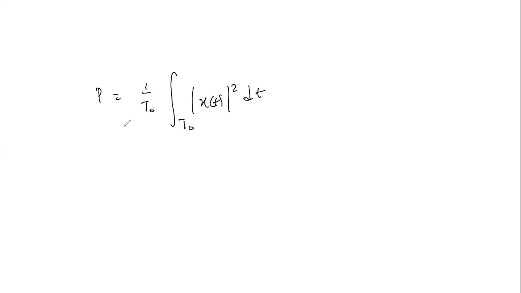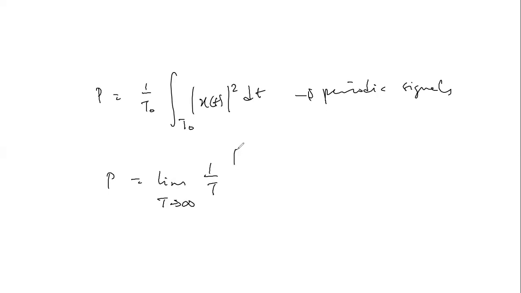And for non-periodic signals, we can take the limit as the time period extends to infinity, of 1 over T times the integral from negative T over 2 to T over 2 of mod x of t squared dt. Okay? So that's just some basic idea, okay?